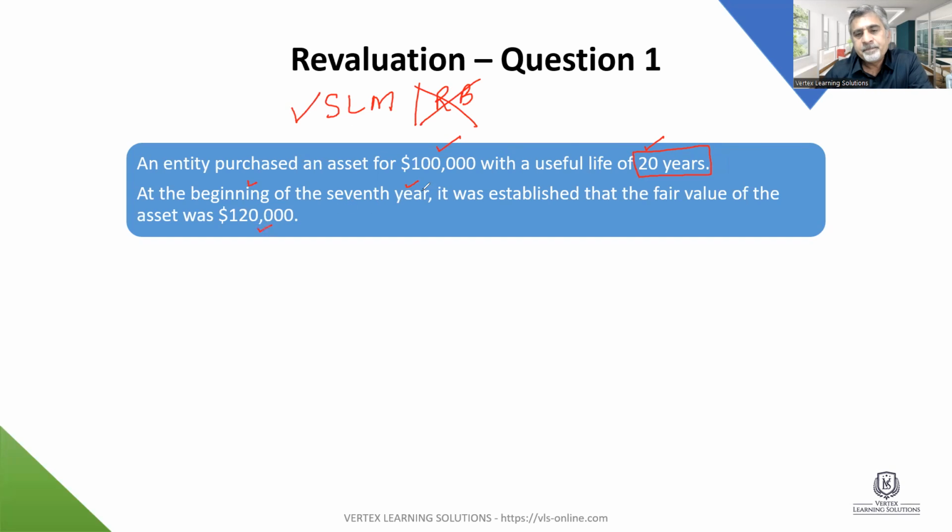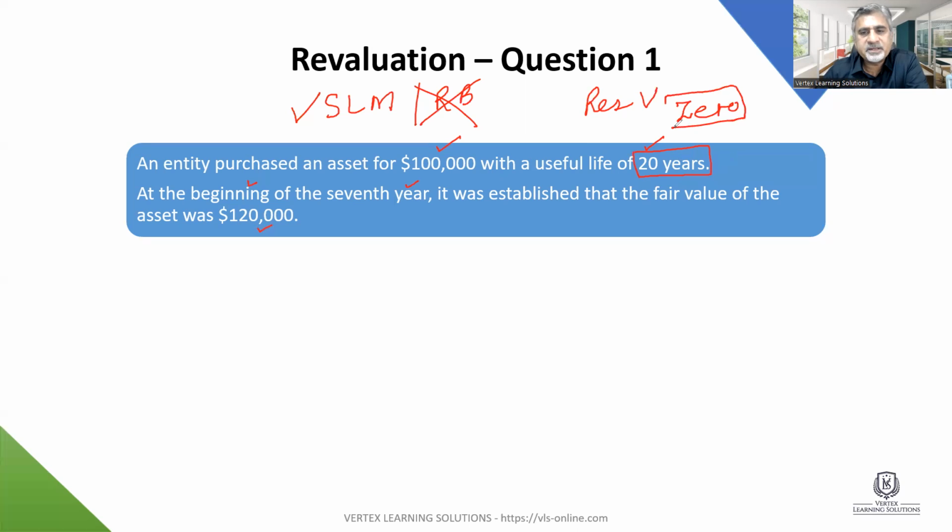The second thing, they did not tell us the residual value of this asset, that is, what would be the value of this asset after 20 years. Again, from the previous lecture, I told you that if residual value is not given, then you have to assume that residual value is 0.